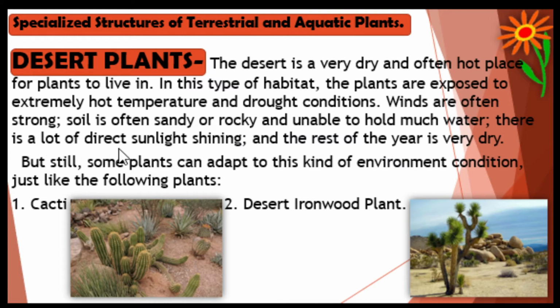There is a lot of direct sunlight shining, and the rest of the year is very dry. But still, some plants can adapt to this kind of environment condition, just like the following plants. Number 1, we have cacti. Number 2, we have desert ironwood plant.